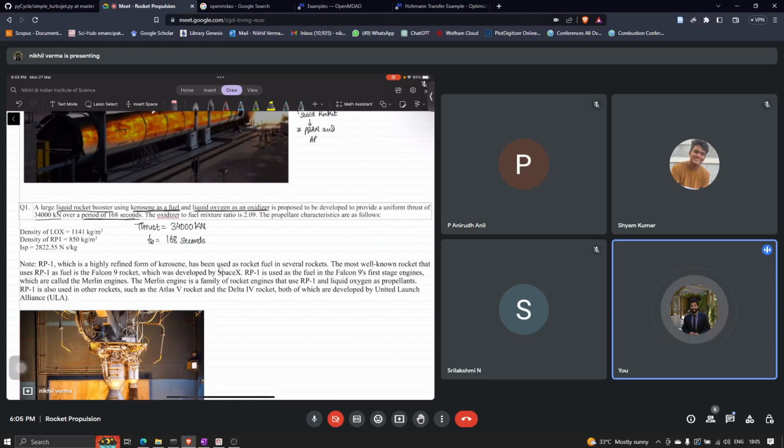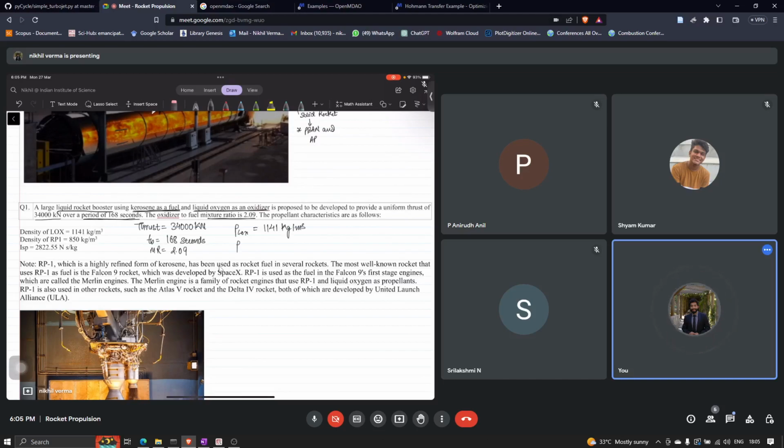The mixture ratio is given. MR is 2.09, and the density of LOX, liquid oxygen, is 1141 kg per meter cube.